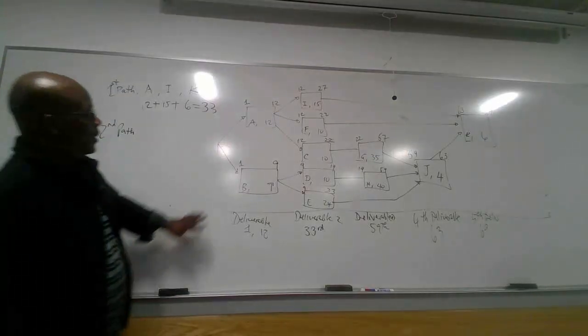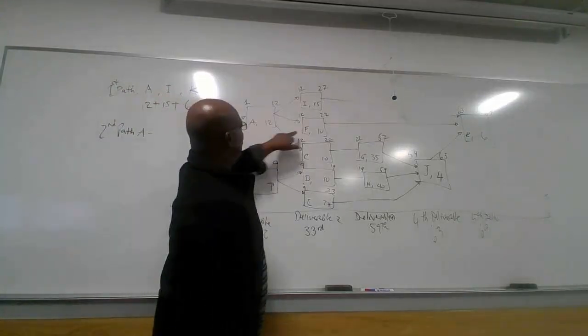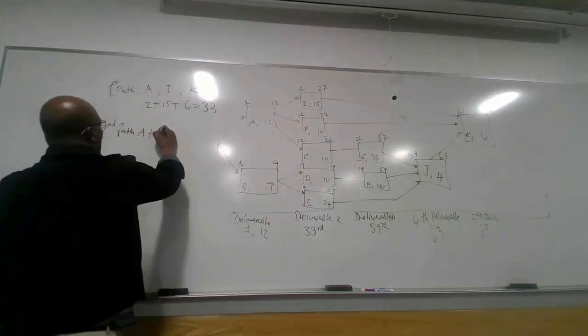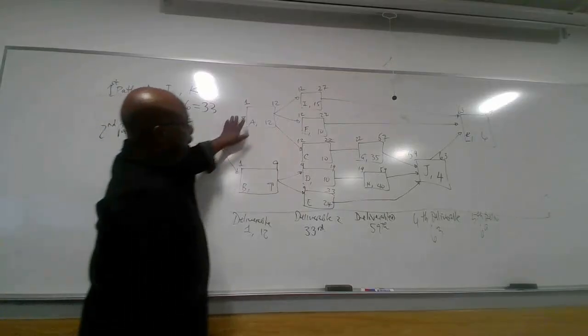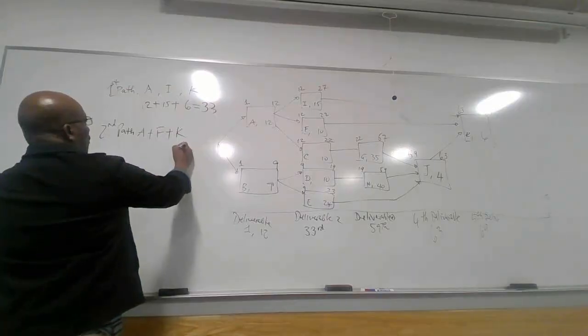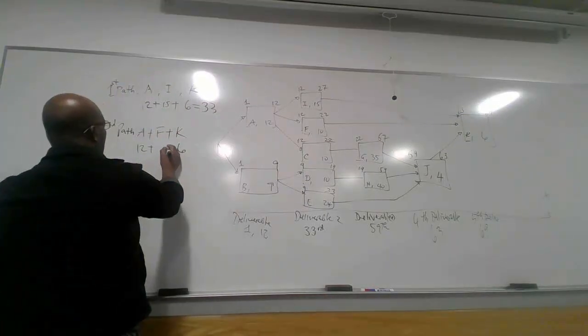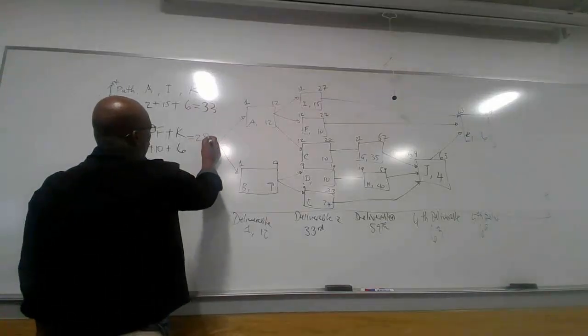Let's go with the second path, which will be from A, F, and K. So K has 6, we have 12, we have 10, so we have 28 weeks.